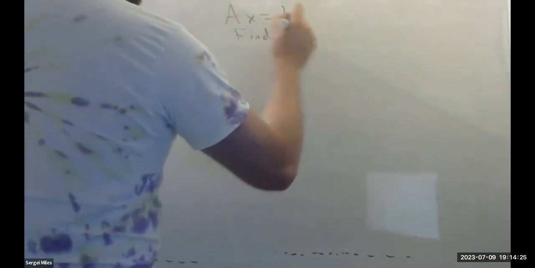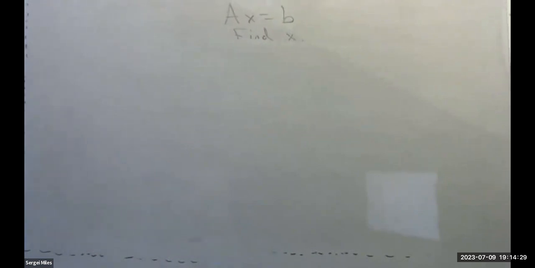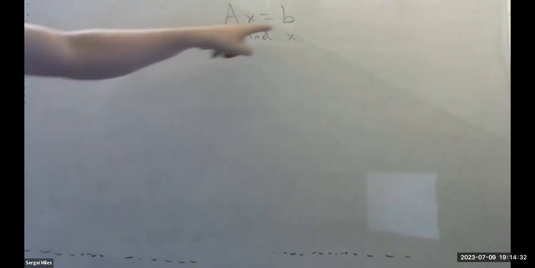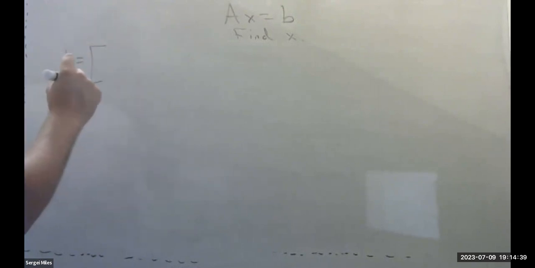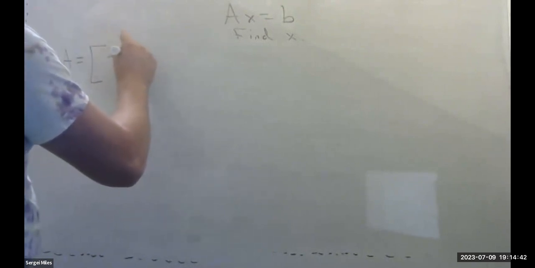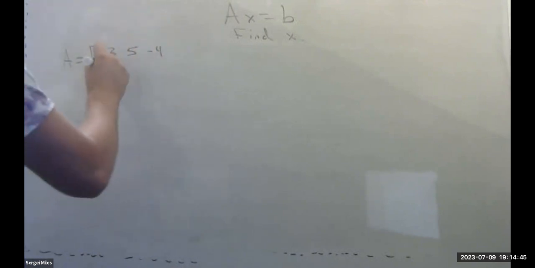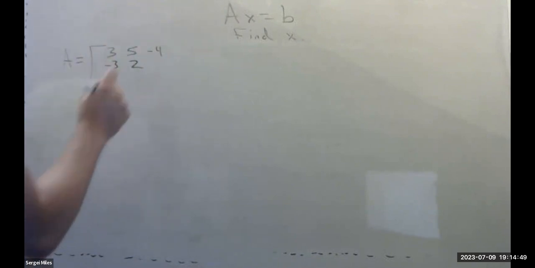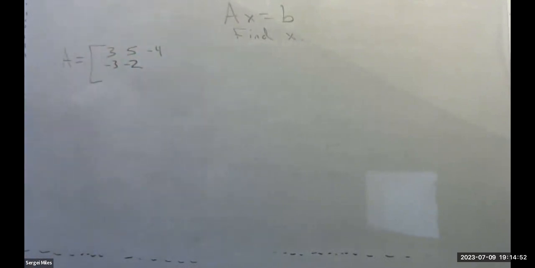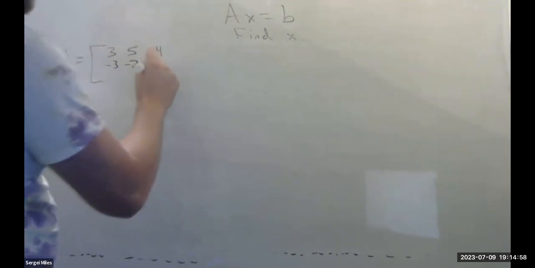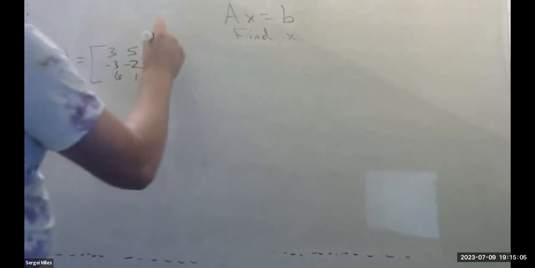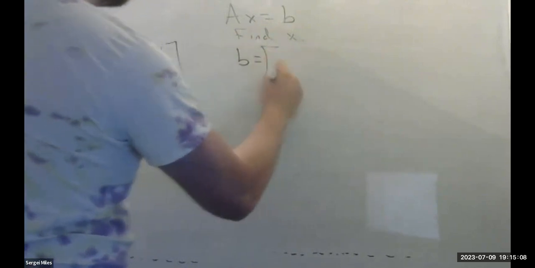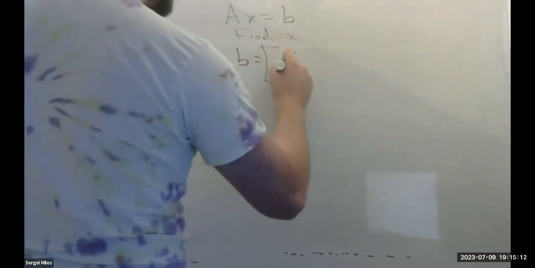We're trying to find what are solutions, what are different ways I can take linear combinations of the columns of A in order to result in B. Well, let's say A is the matrix 3, 5, -4, -3, -2, 4, 6, 1, -8. And let's say B equals 7, -1, -4.